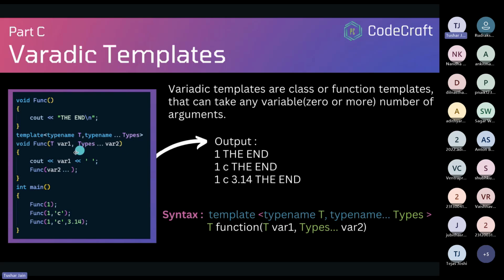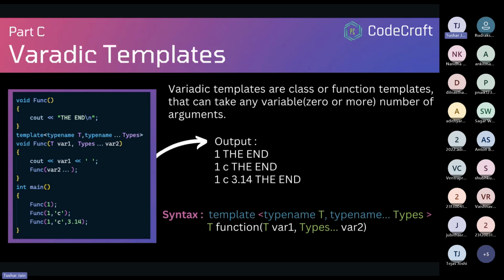Now, in the function, what we have written is T var1 and Types triple dot var2. The difference is that we can access var1 because var1 is a defined thing. It is the first argument of the function, but we cannot access var2 because there might be one var2, there might be multiple var2s. So while using the function, we can only access var1 and not var2.